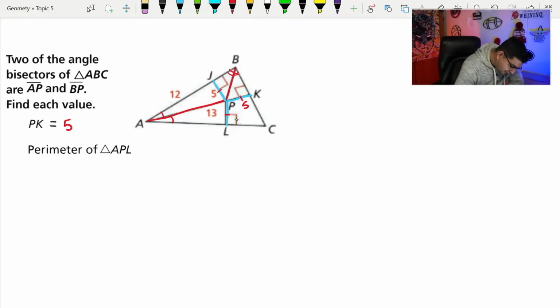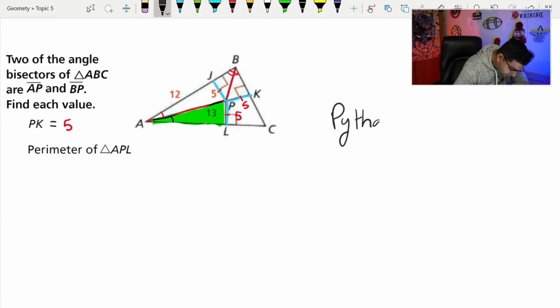The next question that we get asked is, what is the perimeter of APL? So let's highlight that triangle in green. They're talking about this lower triangle right here. They want to know just the perimeter of that triangle highlighted in green. So some of you might be wondering, how are we going to do this? Well, we can make use of a very popular math theorem called the Pythagorean theorem.